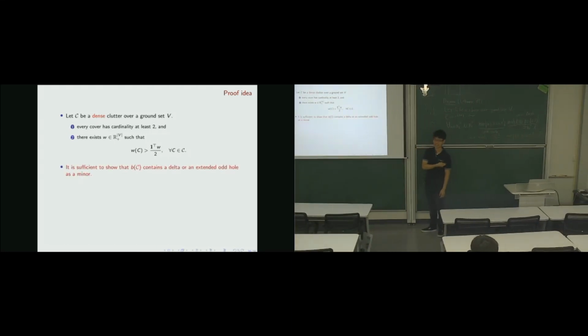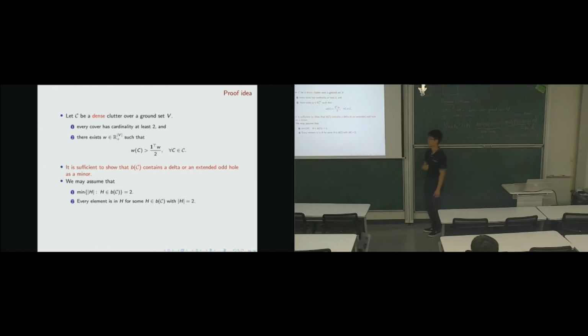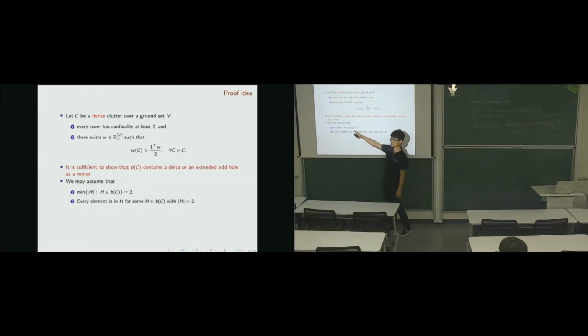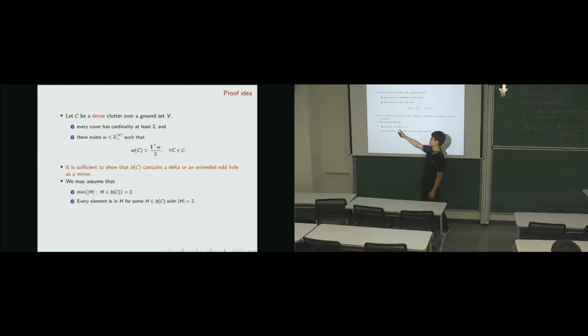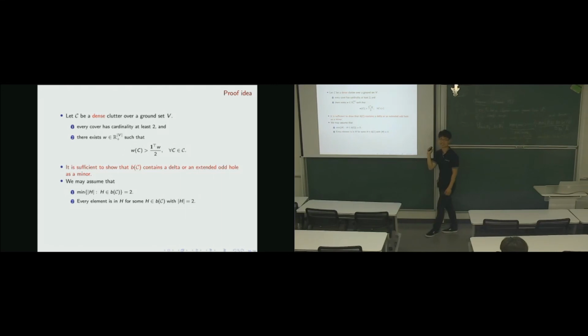Again, I move to the blocker and then find the delta or an extended odd hole by using our tools, and then I just move back to the original clutter. In fact, you can assume that the minimum cardinality of a cover is precisely 2.